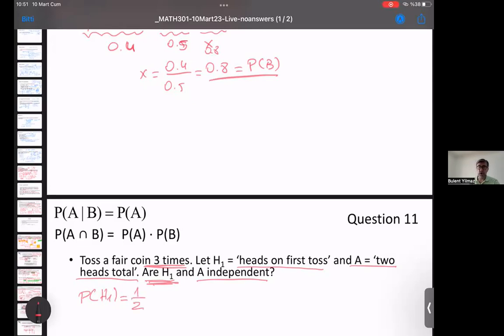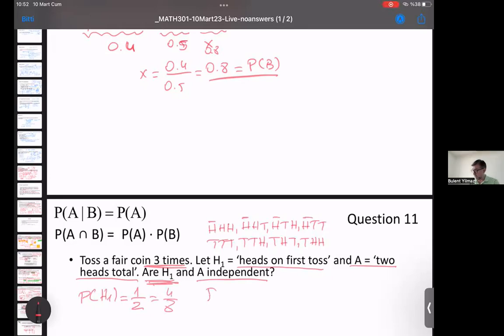So what are the possible outcomes? HHH, HHT, HTH, HTT, THH, THT, TTH, TTT. These are 8 possible outcomes. First heads: 1, 2, 3, 4 out of 8. So it will be 4 out of 8, which is 1/2.